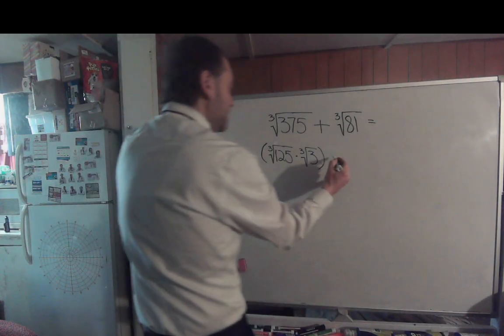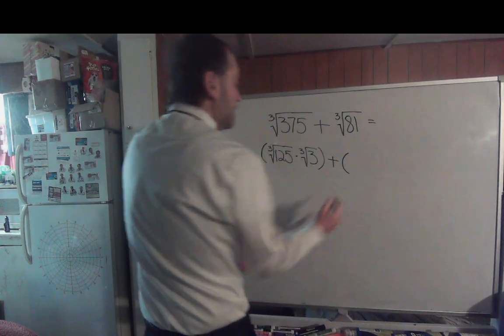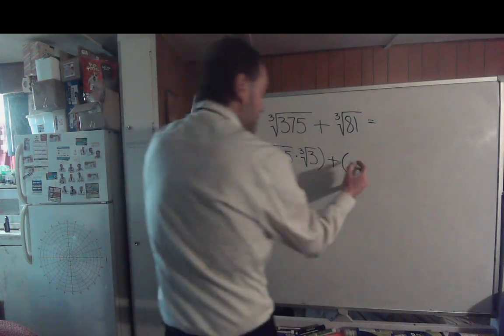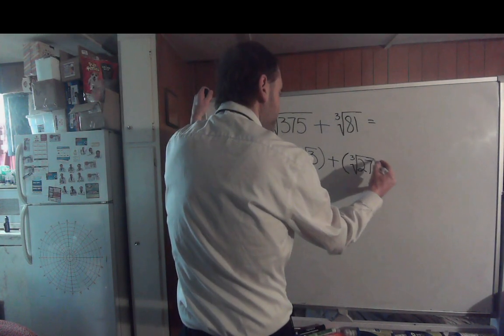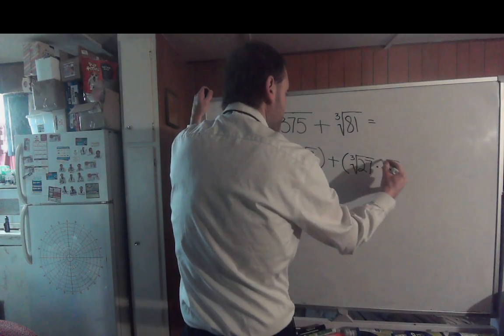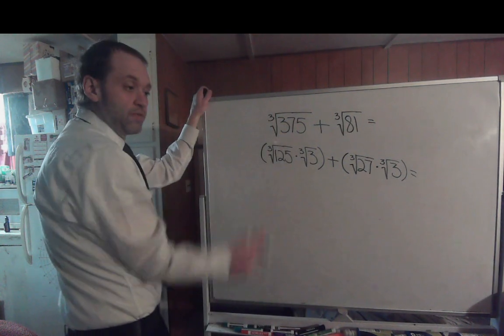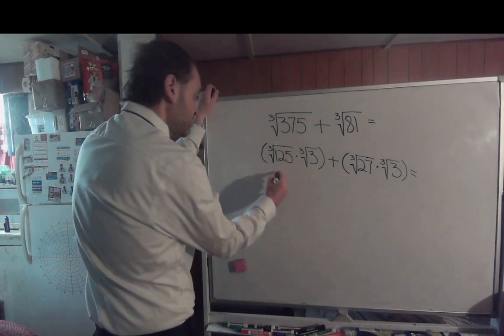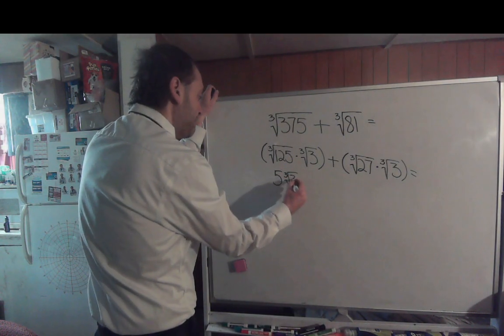All that plus, let's now look at the cube root of 81. 81, you have 27 times 3, so you'll have the cube root of 27 times the cube root of 3. Well, what's the cube root of 125? That's just going to be 5, so you'd have 5 times the cube root of 3.